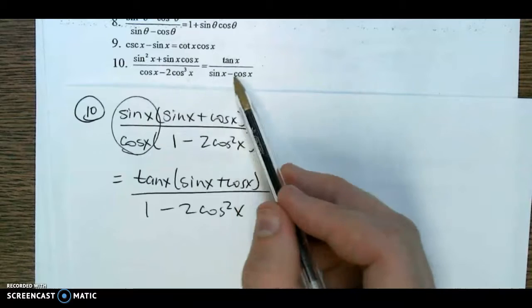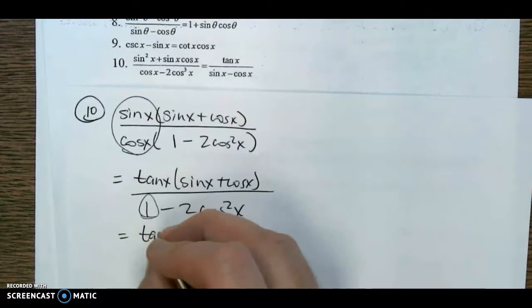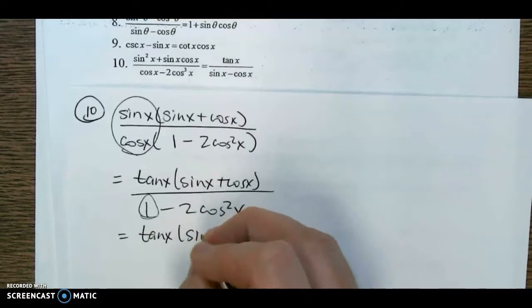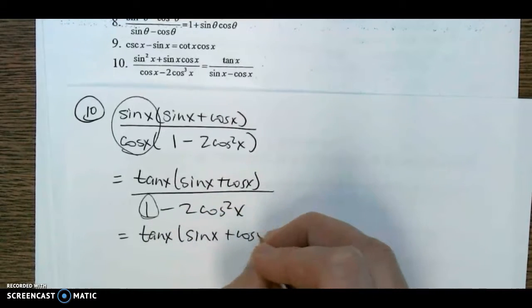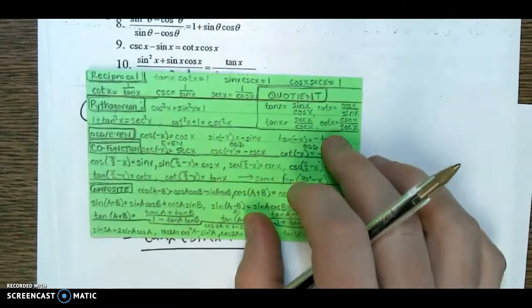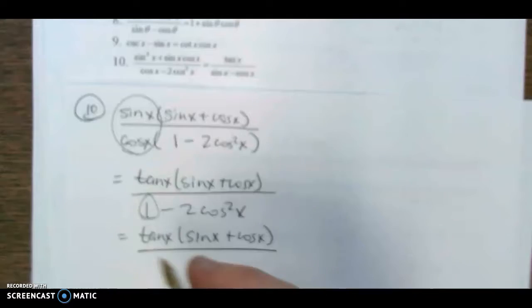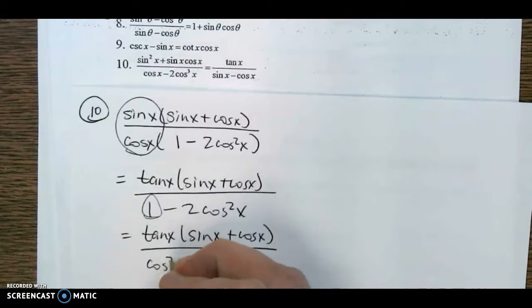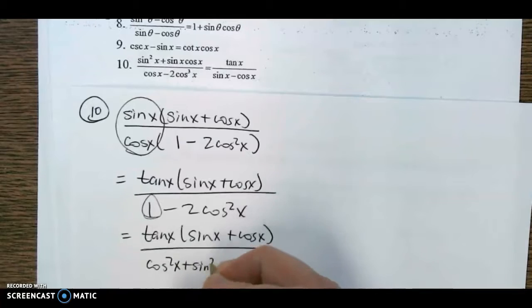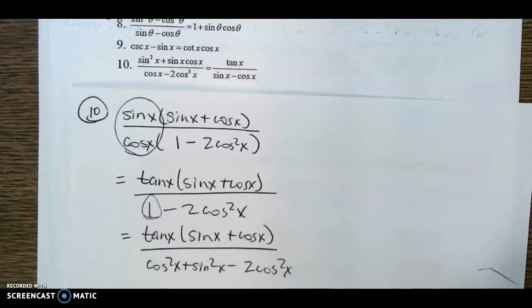Then on the bottom, I want sines and cosines. So if we take that 1, we can change it into a Pythagorean property. Because I want sines and cosines, I can take 1 and replace it with cosine squared plus sine squared, and then we still have this 2 cosine squared.